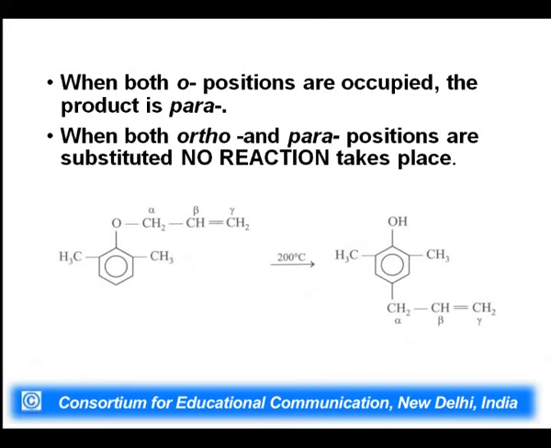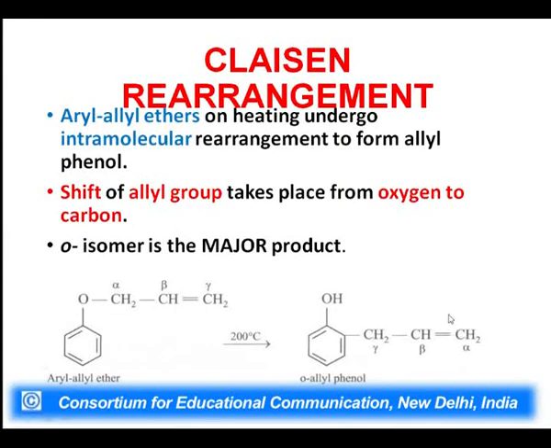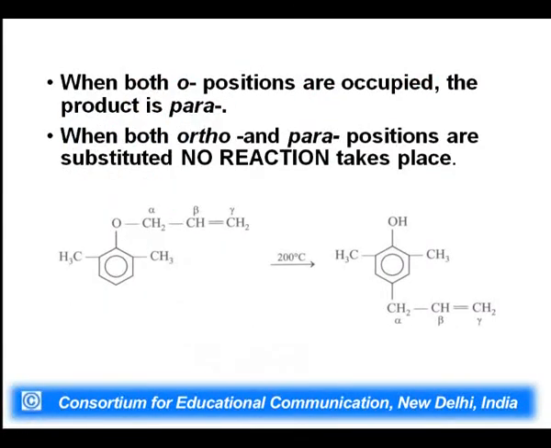That is, the alpha carbon which is alpha here becomes gamma in the product, and one which is gamma there becomes alpha in the product here. Whereas when we talk of the para rearrangement, no such rearrangement is possible, that is alpha stays alpha and the gamma carbon stays the gamma.